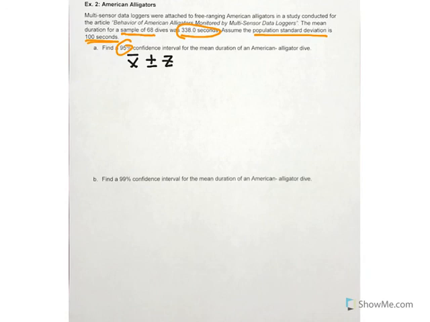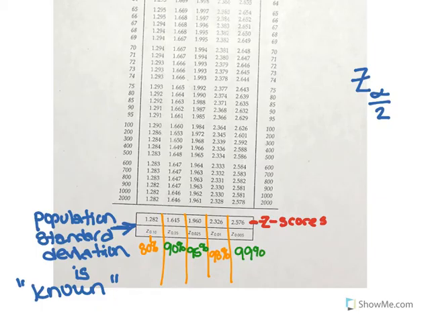Given the formula, we know that our mean is 338. And we're going to do one decimal, but it's a 0. I'll write it, but you don't have to type it in your calculator. Plus or minus. Now, for 95%, if you need to see it again, our z-score is 1.960.